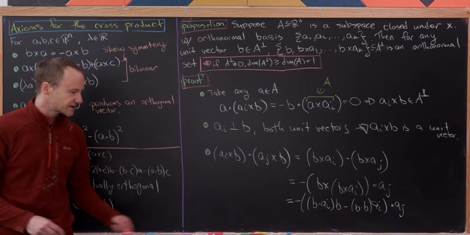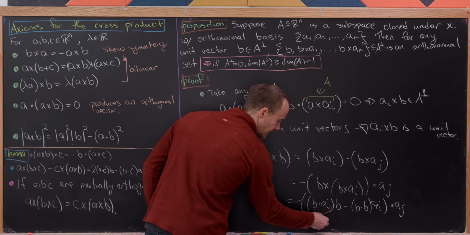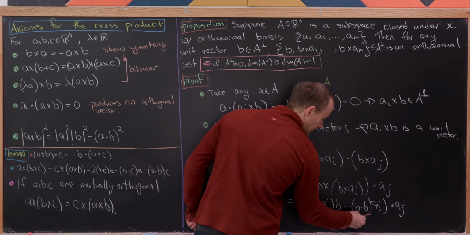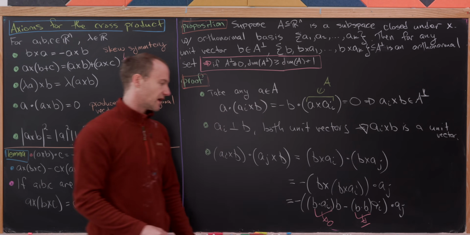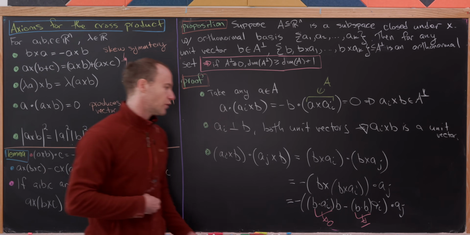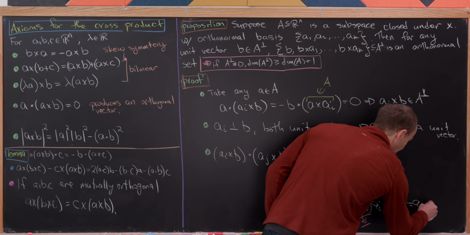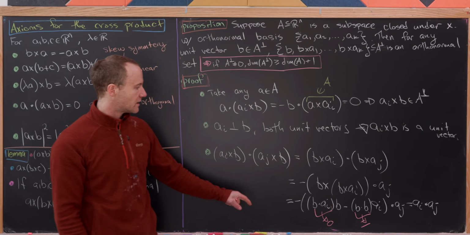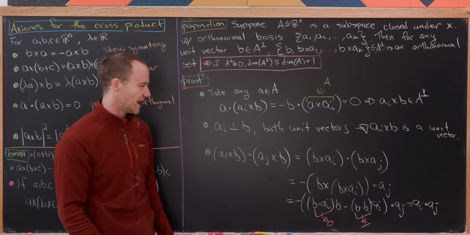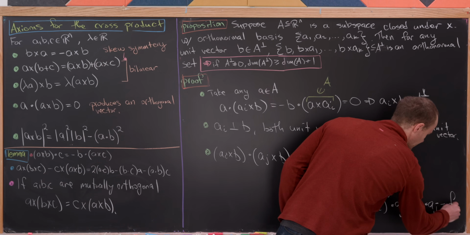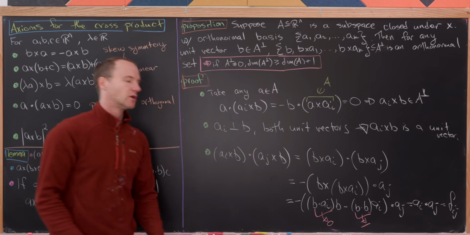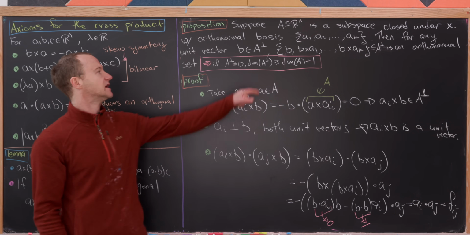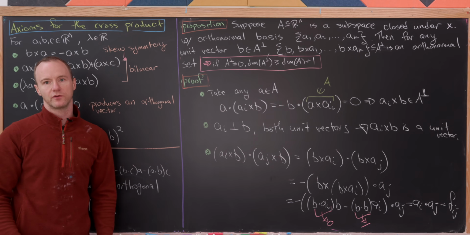But luckily we know something about these values. We know that b dot a_i is equal to 0 because those are orthogonal. We know that b dot b is equal to 1 because, well, that's a unit vector. So we end up in the end with a_i dotted with a_j because those two minus signs cancel. But recall that this was an orthonormal set, so that means that this dot product is equal to delta ij. In other words, it's 1 if i and j are the same, and it's 0 otherwise. But that's exactly what we need to finish proving that this is also an orthonormal set.